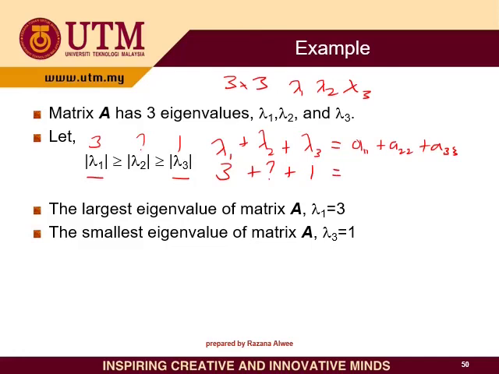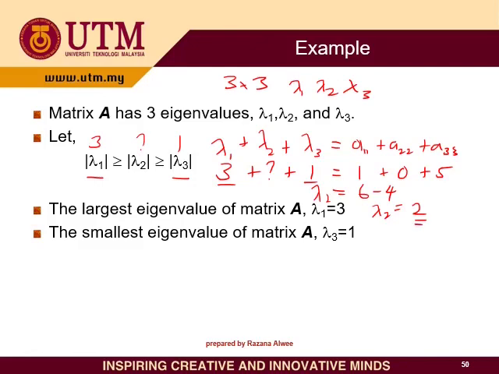If you look back at our matrix, A11 is 1, plus 0, plus 5, since A33 is 5. So this equals 6, and 3 plus 1 is 4, so 6 minus 4, the lambda 2 will be 2.